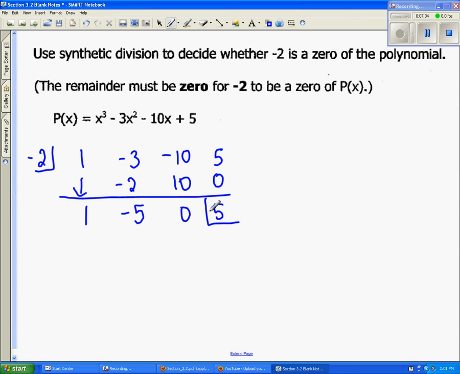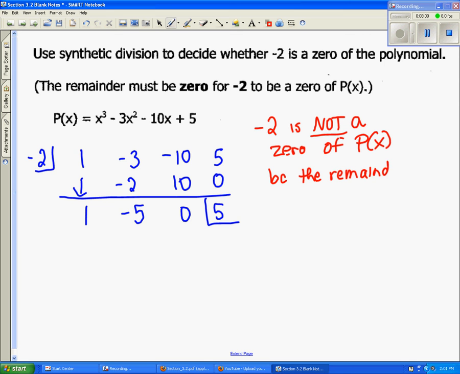Okay, because this is not 0, then we say negative 2 is not a 0 of the function. So because that's not 0, we say negative 2 is not a 0 of p of x because the remainder is not 0. So if our remainder comes out to be 0, we say yes, this is a 0. If not, we say no, it is not.